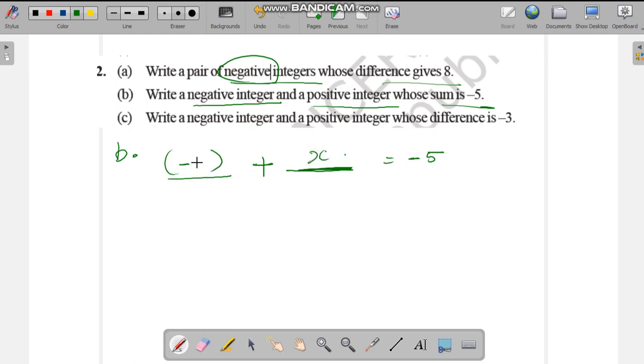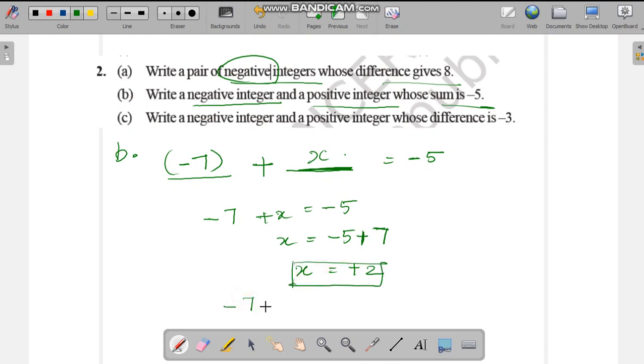Let us consider my -7. So -7 plus x equal to -5. x equal to -5, when it comes here it becomes plus. So it is +7. So x equal to +2. So the two numbers here are -7 and +2.